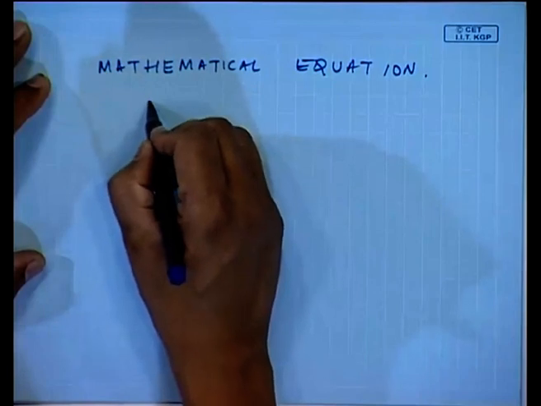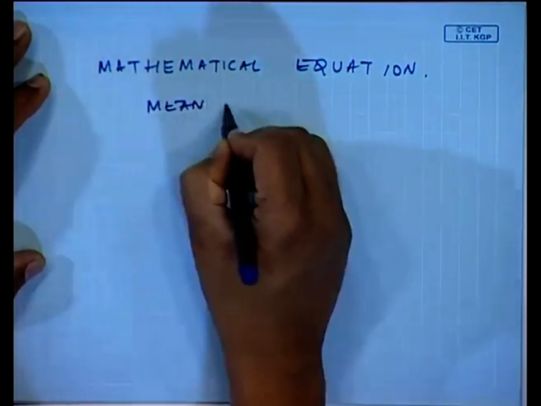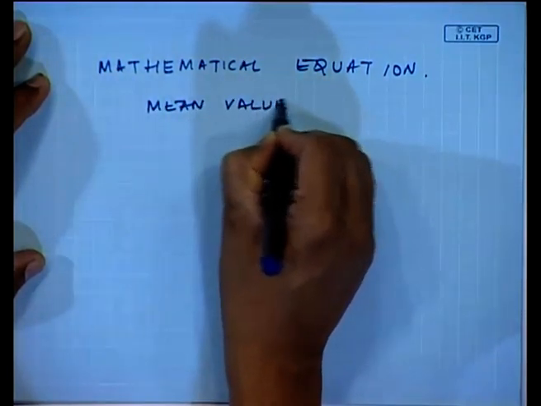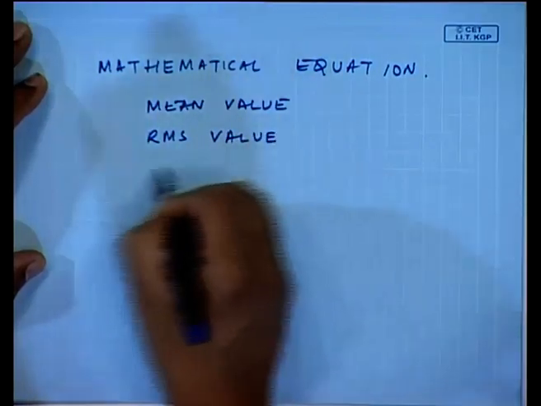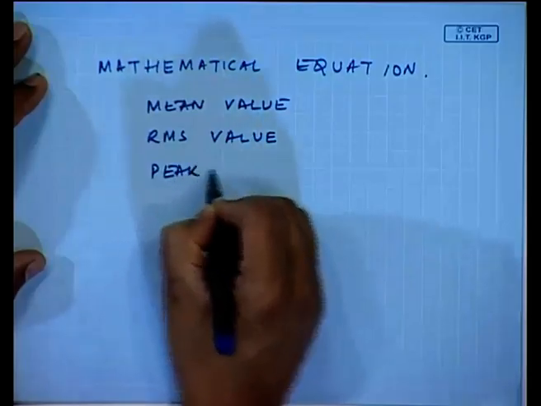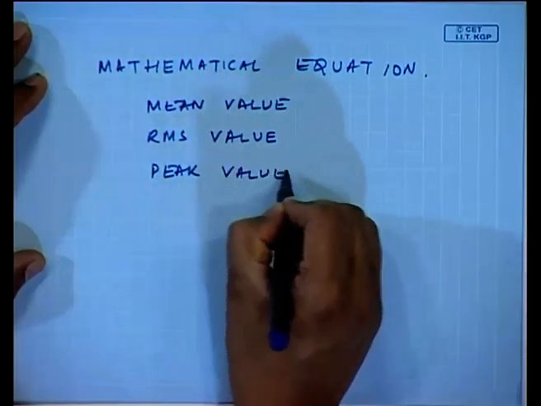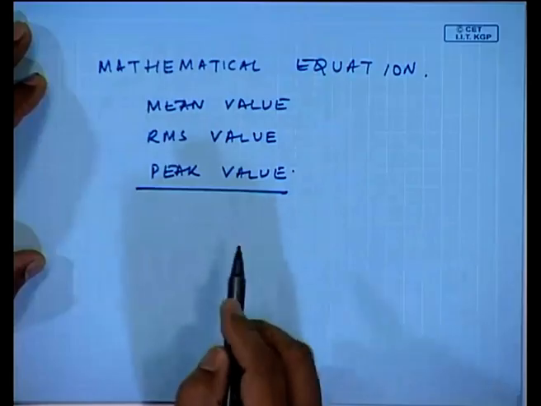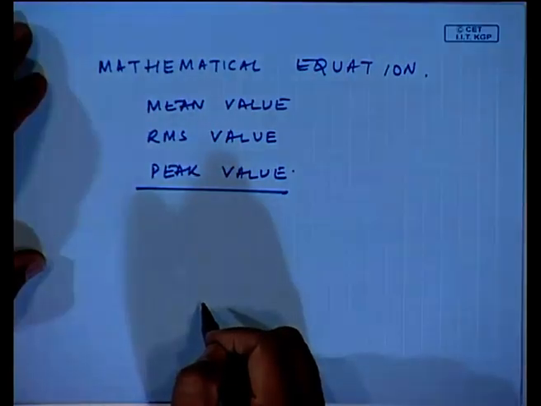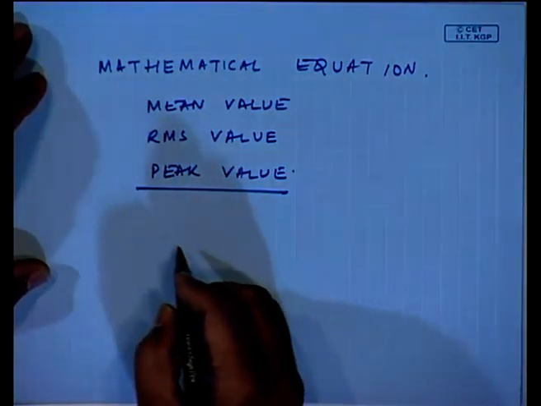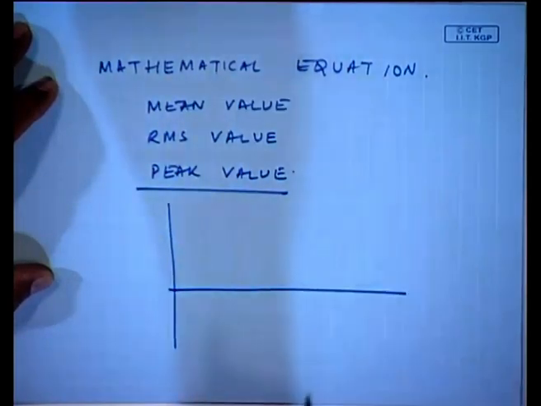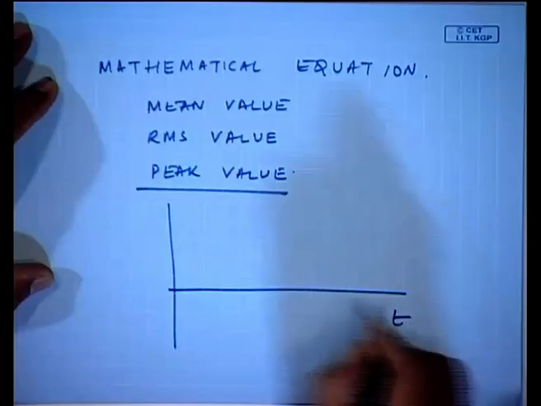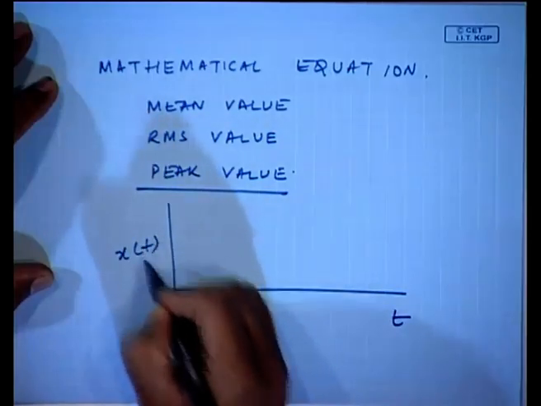Features mean their mean value, their RMS value, their peak value, and there are few other values which I will talk about in few minutes. But the question is, in the real world machine, none of the signals look like this. In fact, they look something like this.